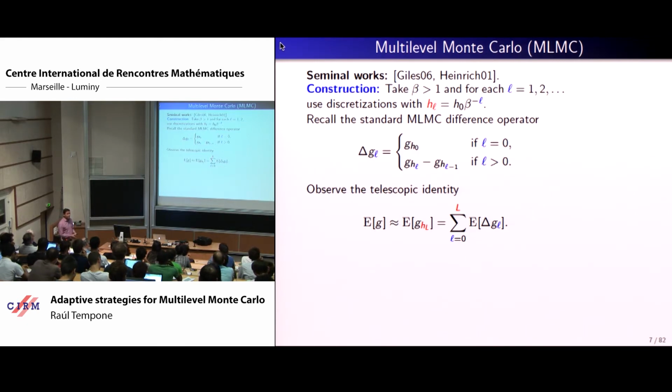Here, on the contrary, you're going to keep those for a certain purpose, and the purpose is to produce an effective control variate, right? So what one is doing here, again, let's go through the definitions first, is to introduce these delta operators, right, that are differences between consecutive approximations. So essentially this, remember, is the functional evaluated using a mesh of size h_l, and this is the functional using a mesh of size h_{l-1}.